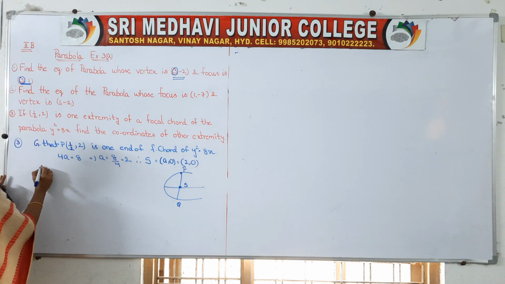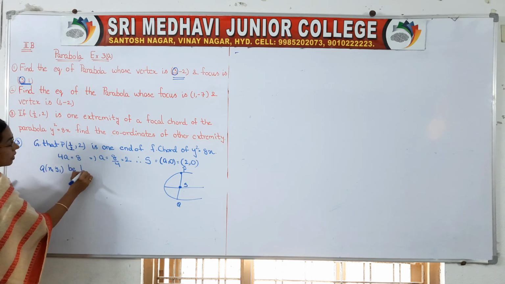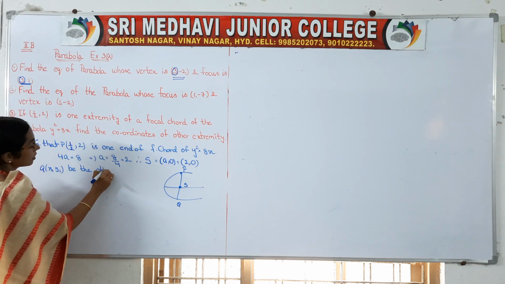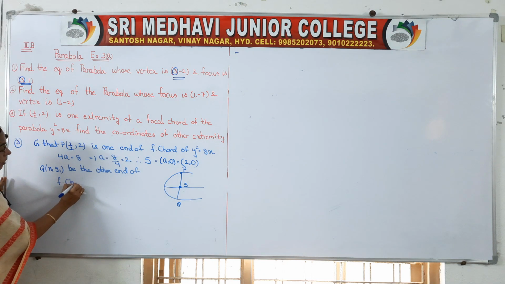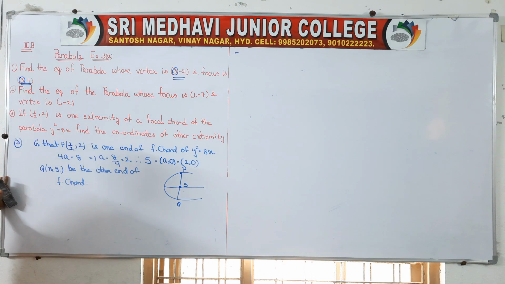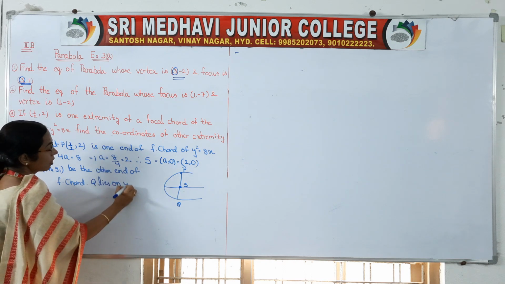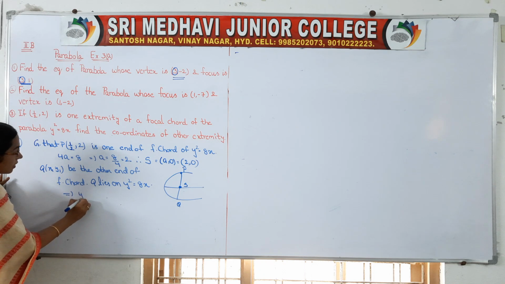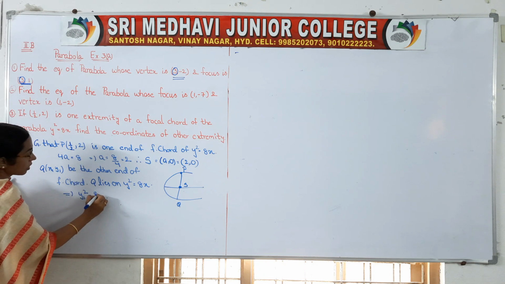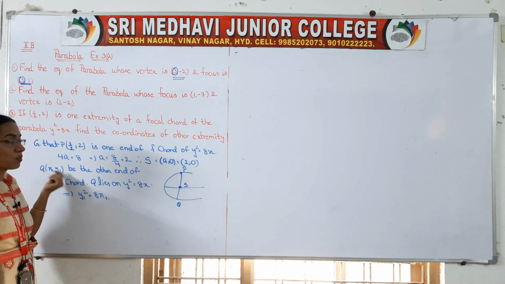So you take Q as (x1, y1), the other end of the focal chord. Since it lies on the parabola, Q lies on y square is equal to 8x, which implies it satisfies the equation y1 square is equal to 8x1. Now we have to find this x1, y1.